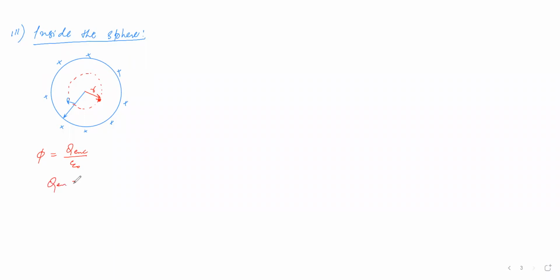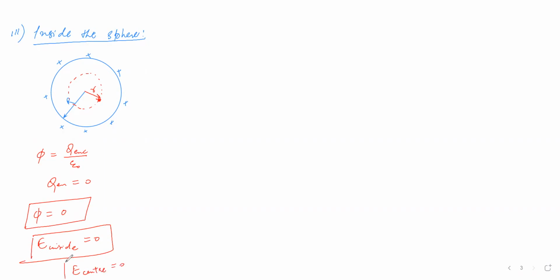So we can write here Q enclosed is 0. When you put this value into the above equation, you get phi is equal to 0. If the flux inside is 0, then we can also say electric field inside must be 0. Hence, we can also say electric field at center is 0. Okay, note it down, please.